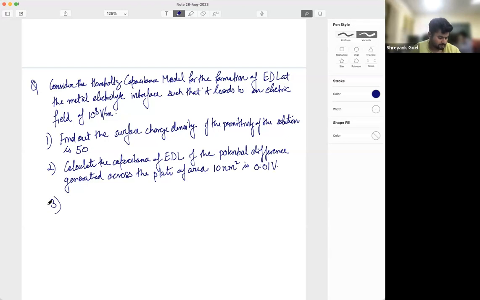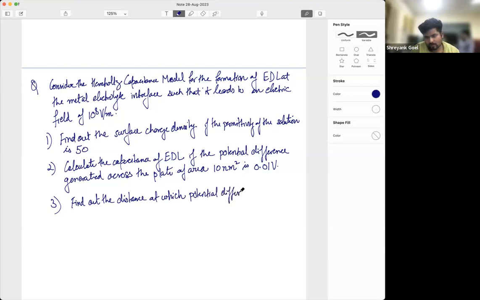The third part is to find out the distance at which the potential difference drops to, becomes, 0.005 volt.